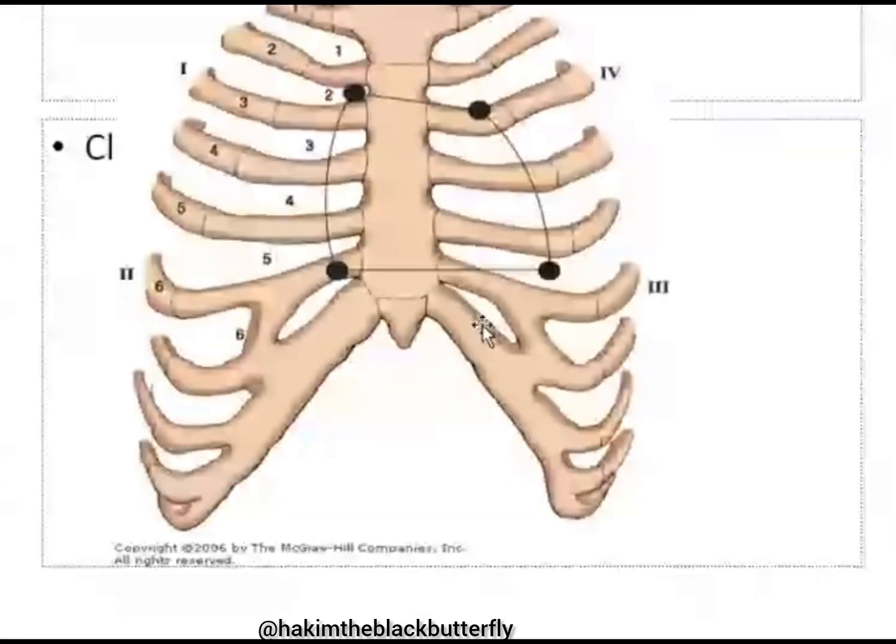We can also outline the boundaries or borders of the heart on the chest wall without opening the chest: the right border, the inferior border, the left border, and the superior border. A point within the second left intercostal space adjacent to the sternum, where we usually auscultate the aortic valve.